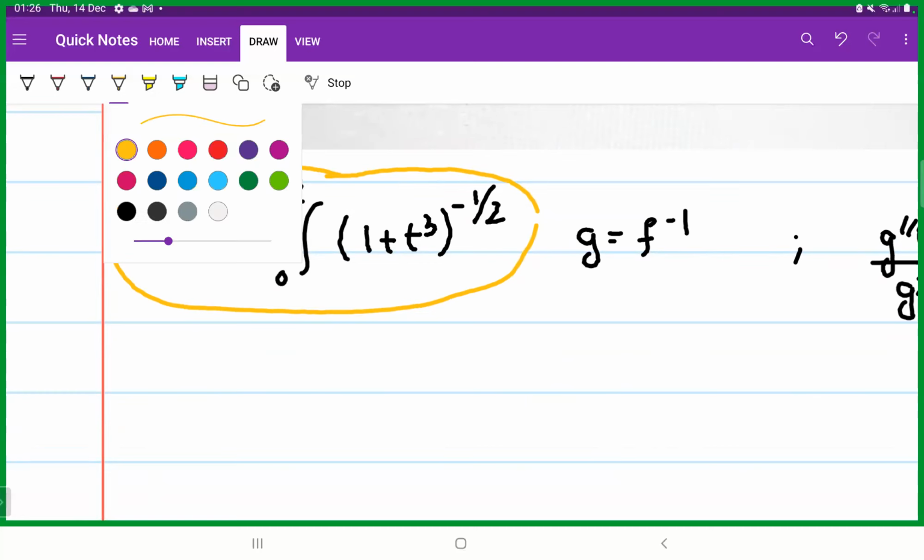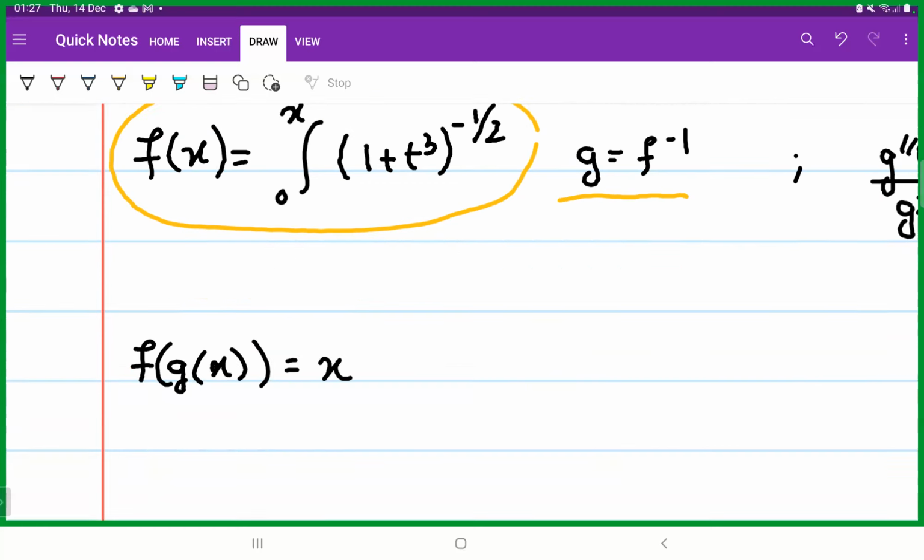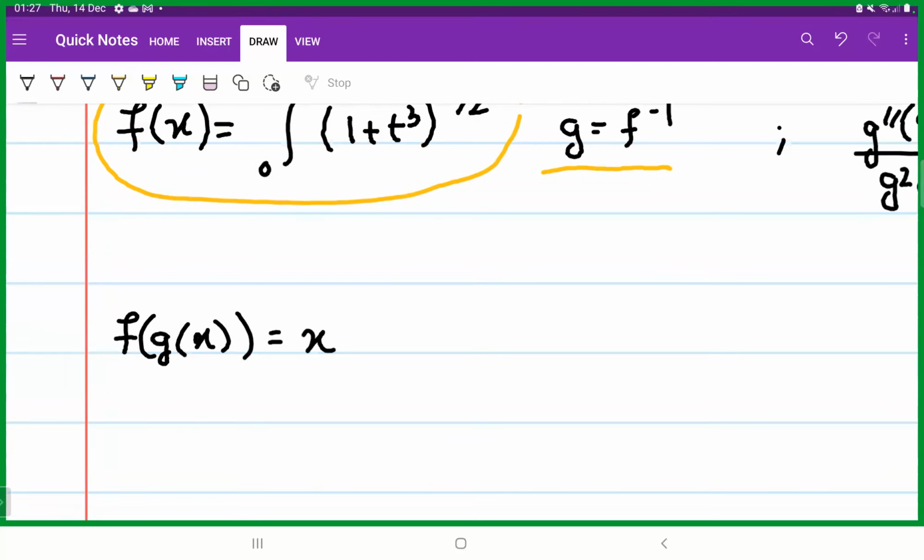So the first thing which we are going to do is use this particular identity. Since g is the inverse of f, we can write f of g of x is equal to x. But we can also write this expression as the integration from 0 to g(x).